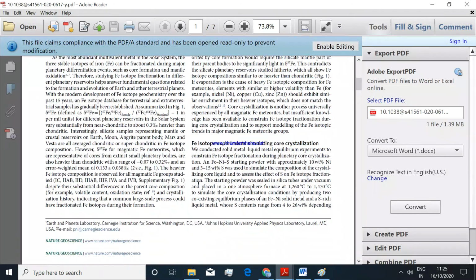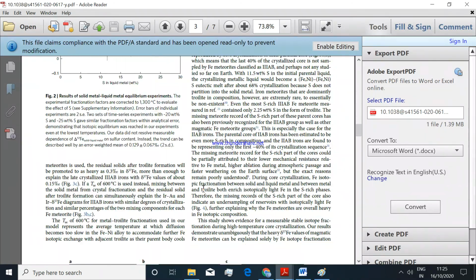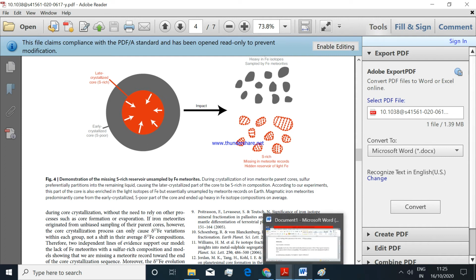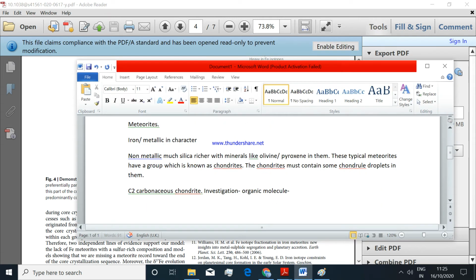And as I have told you, iron meteorites probably formed due to some melting and segregation process of a primitive planetary body, and because of that segregation, iron, nickel, as well as a small amount of sulfur, went to the core of these smaller planetesimals.